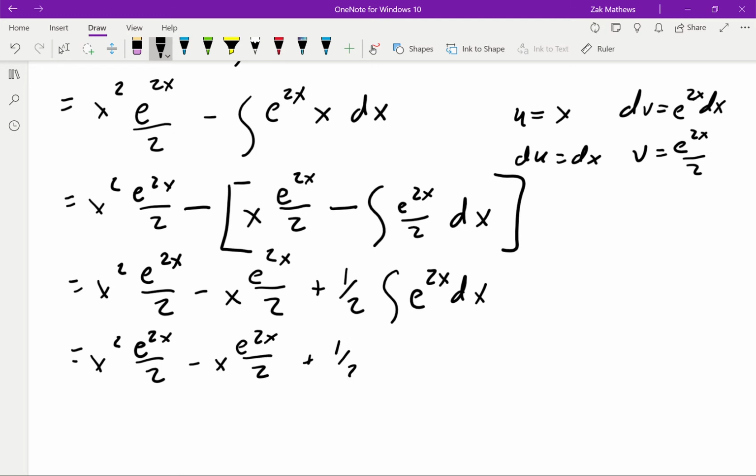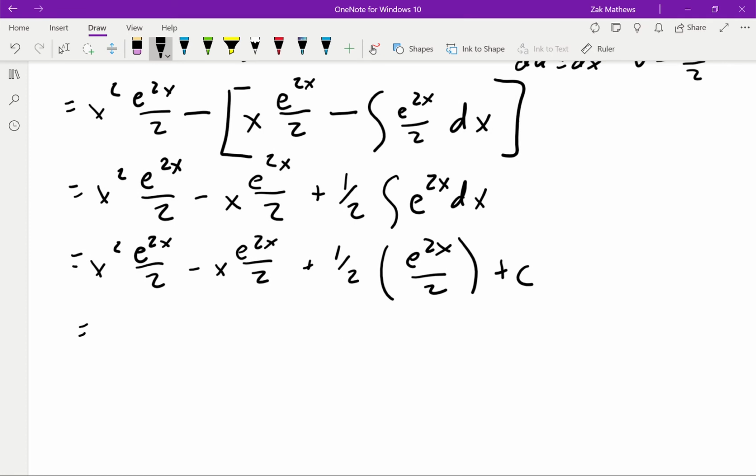So we would have e to the 2x over 2 once again, plus our c. And so we can clean that up just ever so slightly by writing that as an e to the 2x over 4. That'll be a plus e to the 2x over 4 plus c.